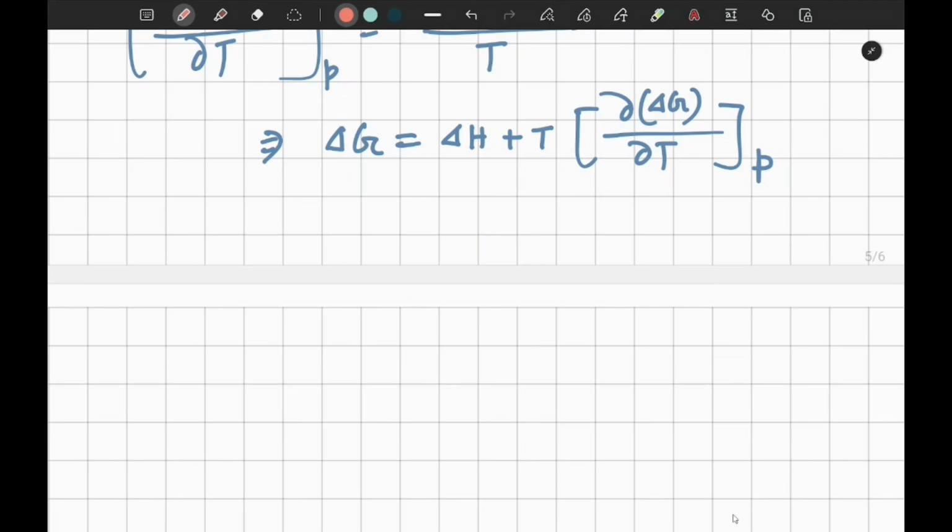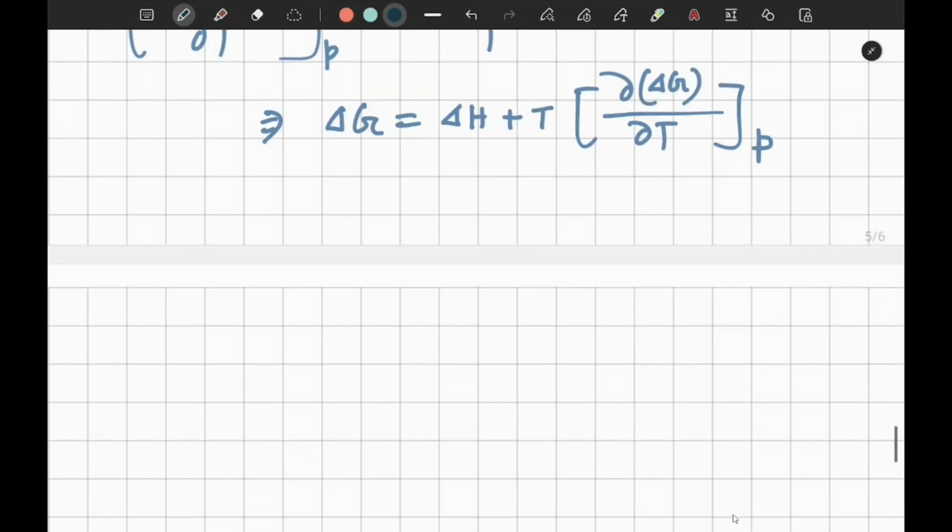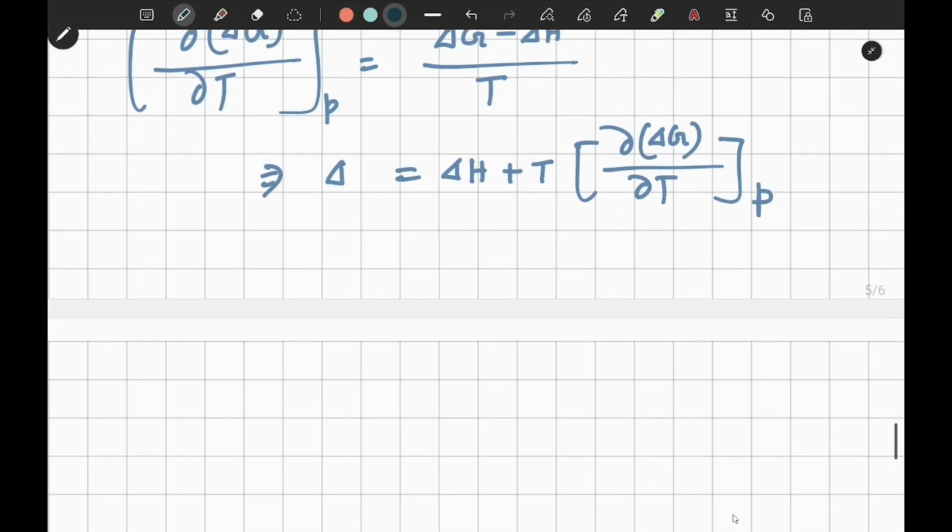Okay, so let me do it, because that is not very popular actually. The change in Gibbs free energy form is very useful, but there is also a form in terms of Helmholtz free energy. For that, you know that A is eventually U minus TS. Same.